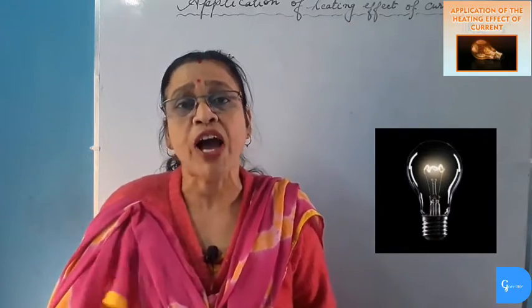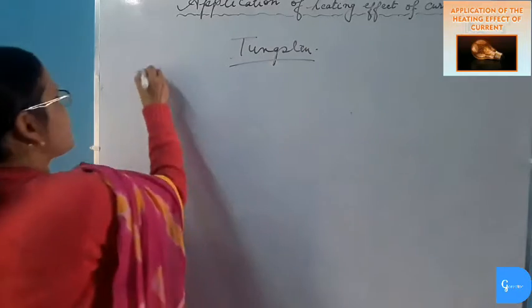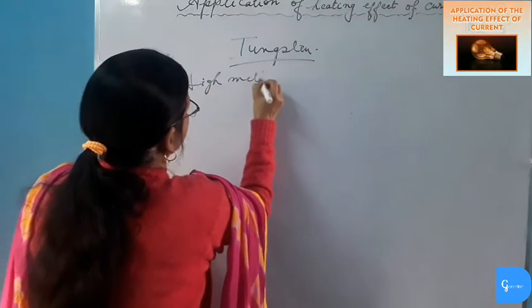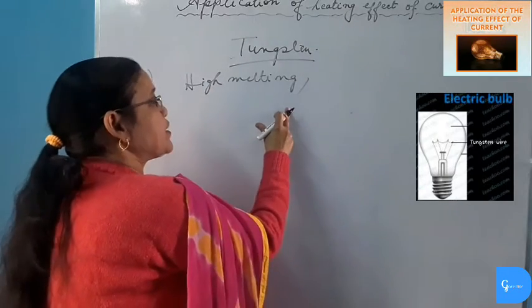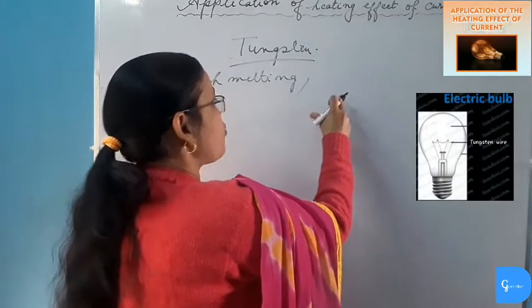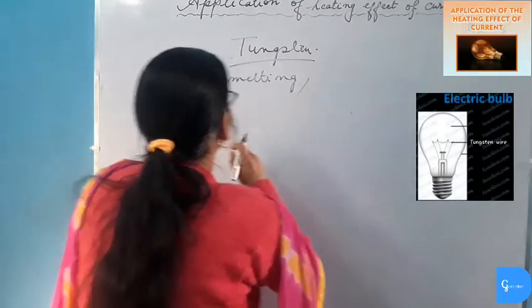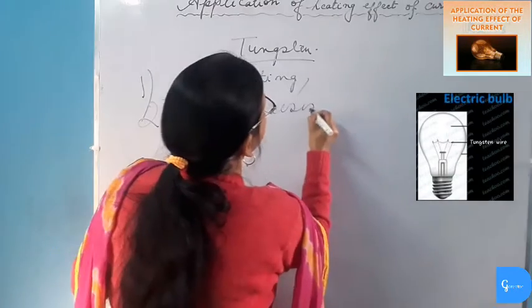We will now study why we use tungsten wire in case of filament bulb. Tungsten wire has very high melting point, so it becomes white hot but it does not melt, and for this reason it is used as a heating filament of electric bulb. Tungsten has also very high resistance.